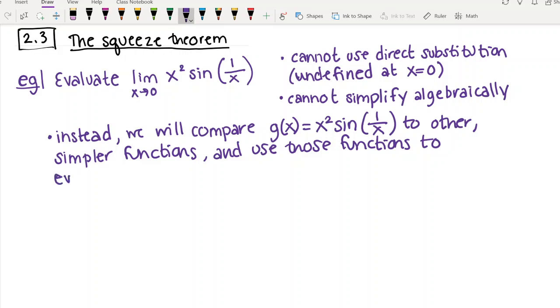And we'll see what I mean by that in a few minutes. Okay, so that's what's going on big picture.